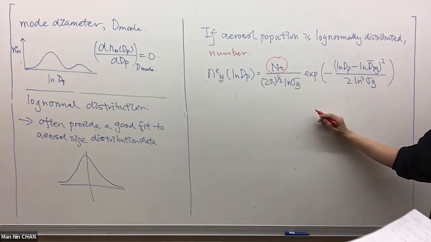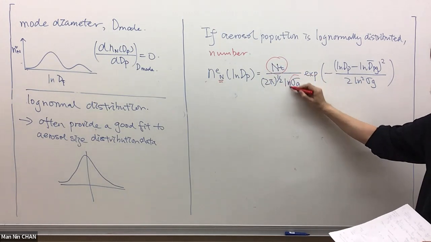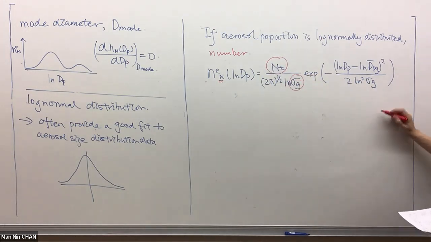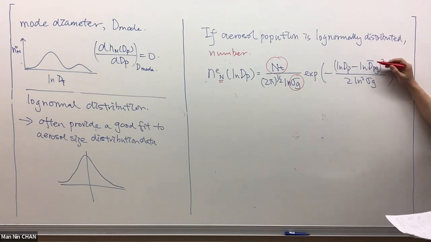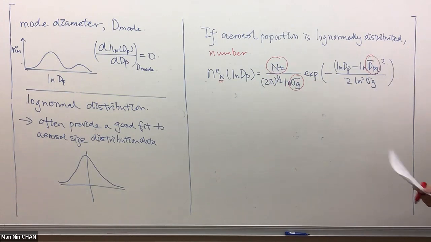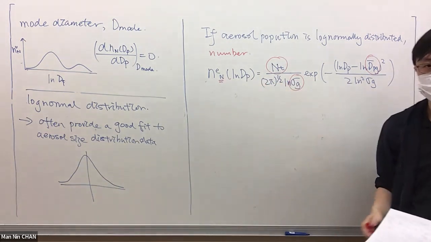To use this function, you can see there are two other parameters. One is called sigma_G, and the other is the diameter, with a bar and a G here, the geometric mean d_p. So you have these free parameters to describe the function.